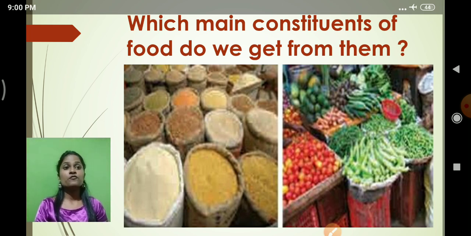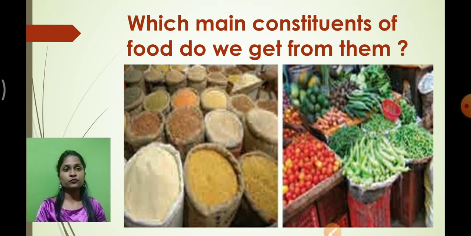Now students, which main constituents of food do we get from the given picture displayed in front of you? Any guesses? You can see that different grains are there, different vegetables are there. Am I right? In these different vegetables, fruits and cereals, what type of nutrition do we get?